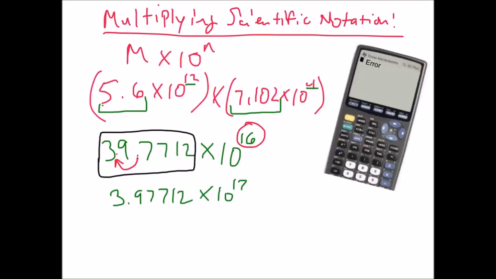Now, if you check that in your calculator by using your times 10 function, then you will see that that is the correct answer. And so you would have some idea of that before you ever typed it in. The easiest thing to do, I think, is to check the exponents part first.